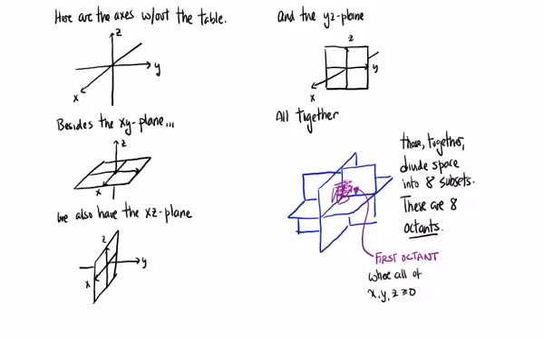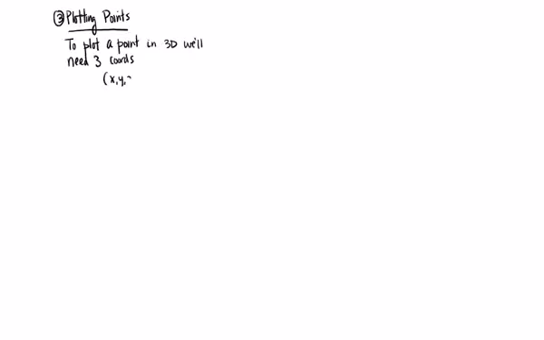So I'm going to clear the screen off completely and go to that. So, 3. Plotting points. So clearly you can probably guess to plot a point in 3-dimensional space we'll need 3 coordinates, x, y, and z.